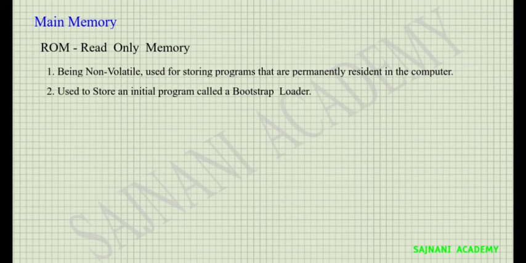It is used to store an initial program called a bootstrap loader. Basically, when we switch on the computer, the first instruction sent by the processor is to the ROM to load the bootstrap loader program. After the bootstrap loader finishes, the control is given to the operating system.